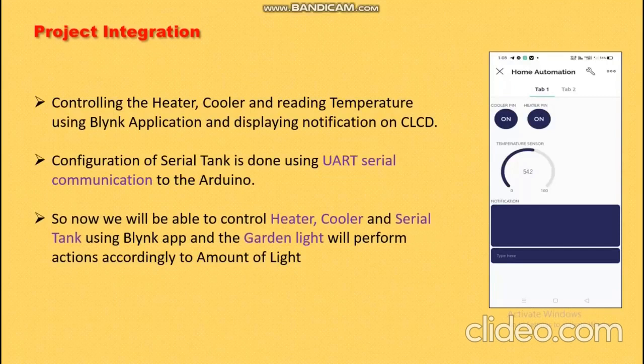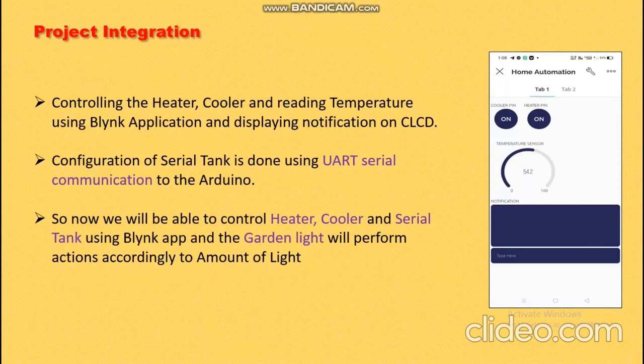Now let us see which is interfaced to which, and how the interfacing is done between the peripherals, the Arduino UNO and the Blynk IoT app. As we know that all the virtual pins are responsible for an action, I will be using the heater and the cooler button widgets for controlling the heater and the cooler, and the gauge shows us the temperature reading.